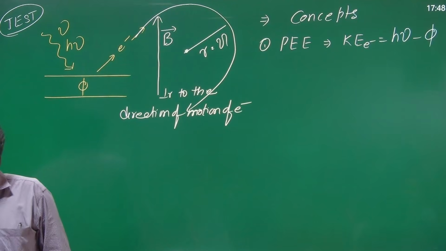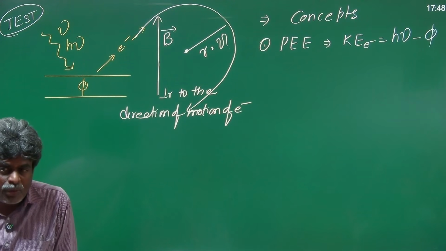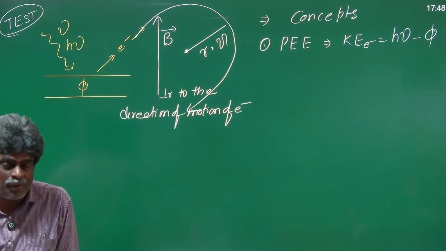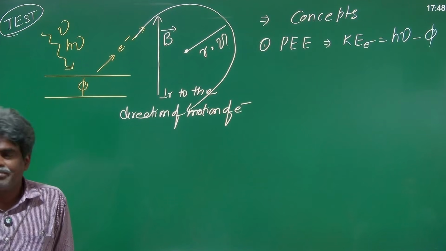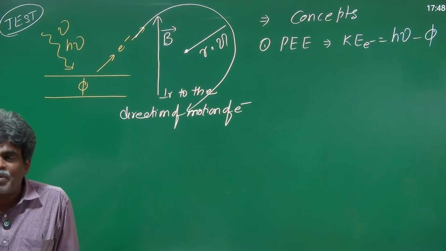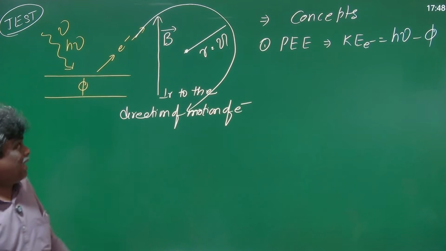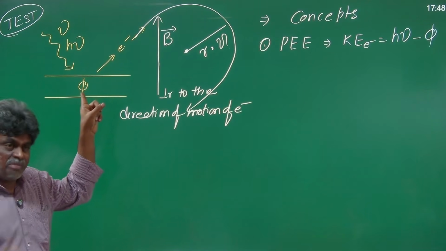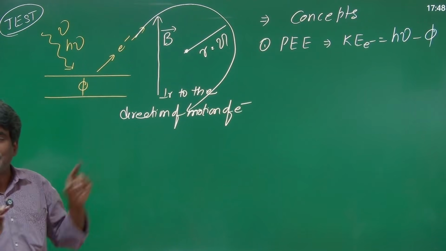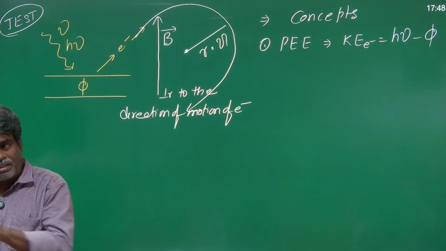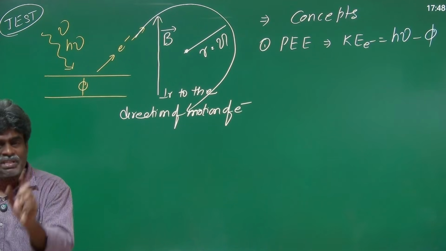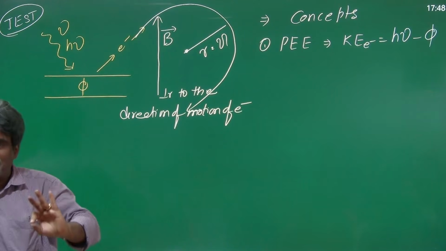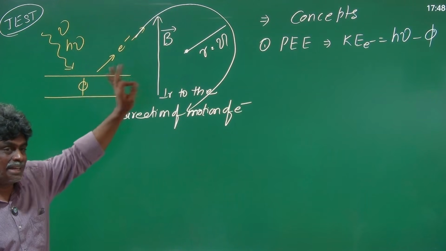Whenever you are solving a physics problem, your answer must always be in terms of the given quantities. You should not take any other variables or quantities which are not described in the question.